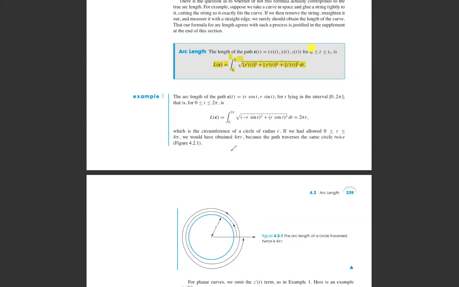So when you take the derivative from 0 to 2 pi, we take the square root of the, so the x1 here is r cosine t. So the derivative of x1 with regard to t is minus r sine t.